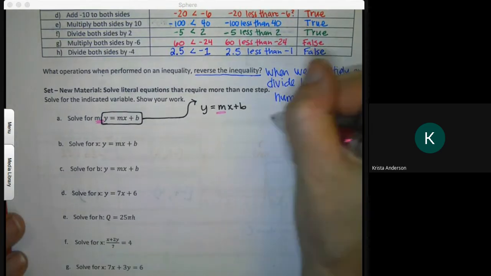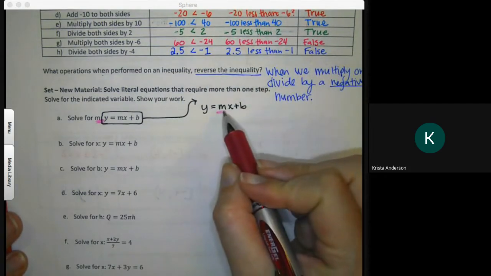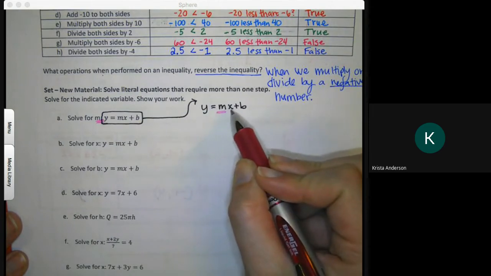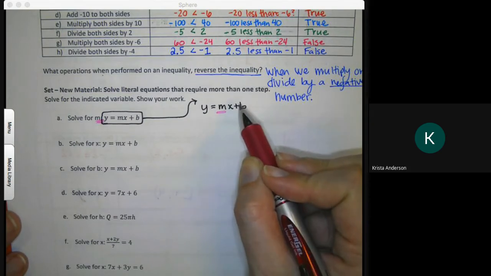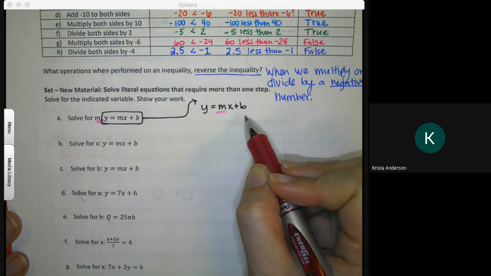My first step to get M by itself is I need to look around and see what is actually happening to M. How is M attached to the X? Multiplication. How is the M attached to the B? Through addition. I need to undo these.